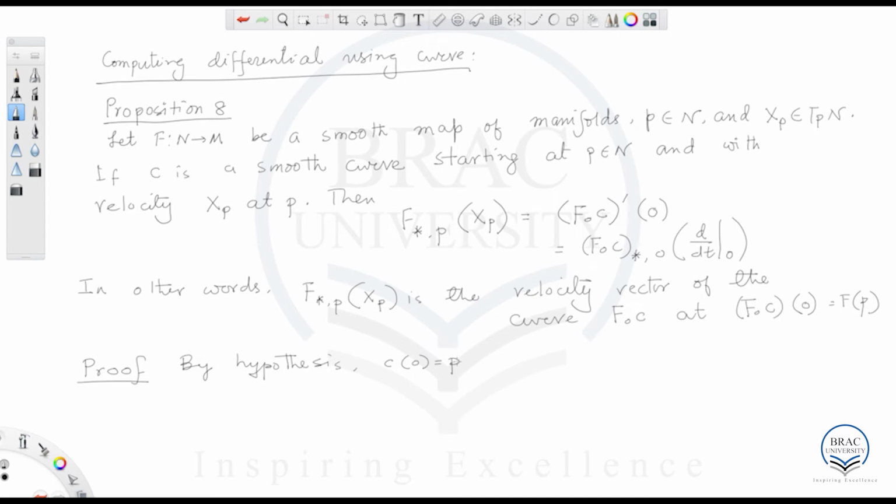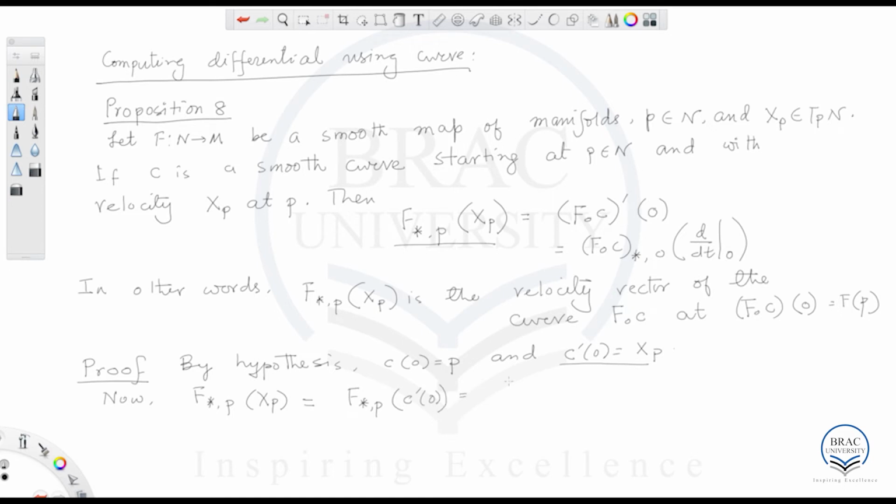The curve C starts at the point P, and it has the initial velocity to be x sub P, so that C prime 0 is x sub P. Now, f star comma P acting on x sub P, that's the left hand side, is equal to f star comma P acting on C prime of 0.